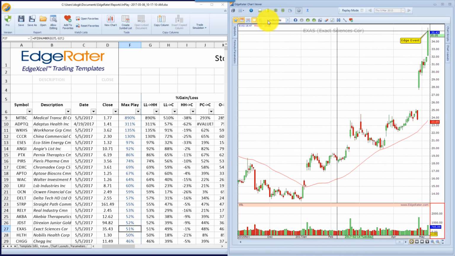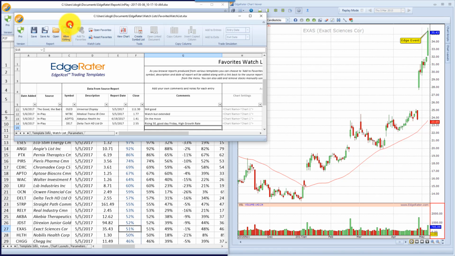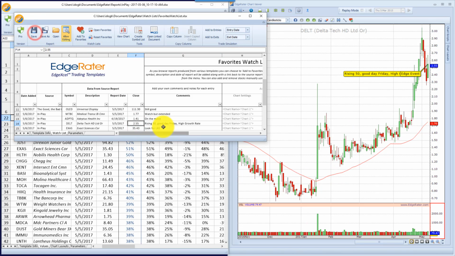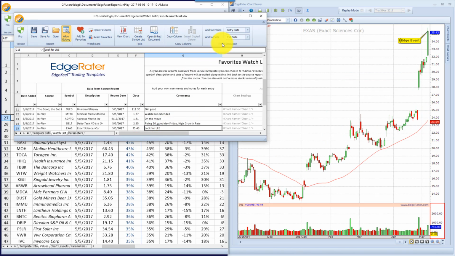So I'll add it to the list because it was in play for sure during the last 10 days. So let's just add that and maybe look for LRE. That might be hard to do, but let's save that. Save, look for LRE.